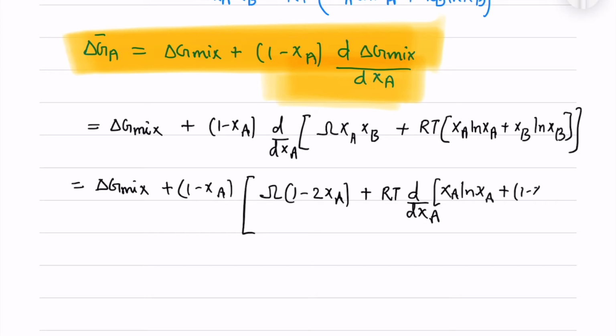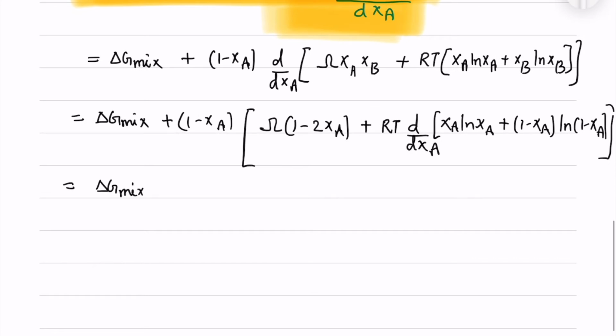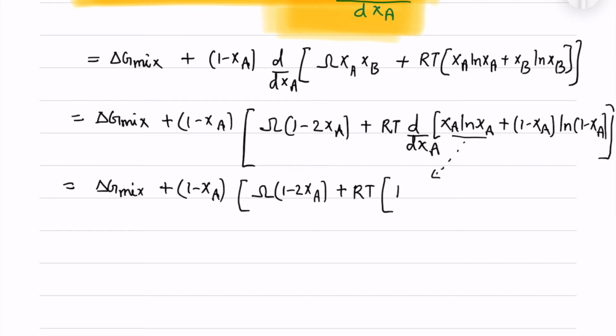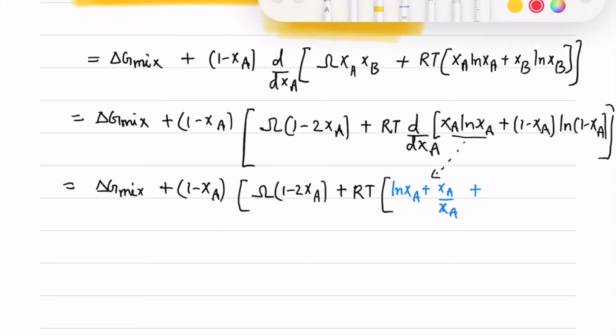Now I differentiate xa ln xa and xb ln xb. So I expand xb in terms of xa, as 1 minus xa. So I get 1 plus ln xa first, and then I differentiate ln xa, I get xa by xa.